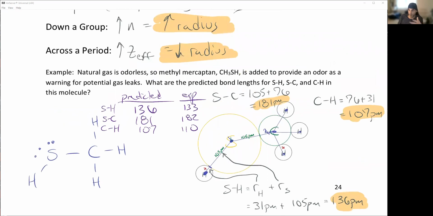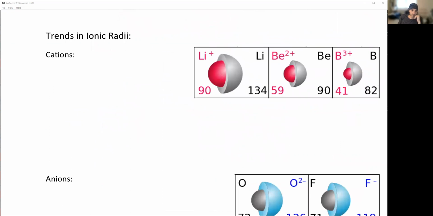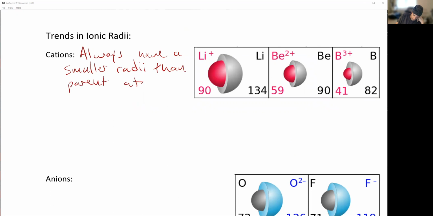Again, radius increases, but we can use these radii to look at structural shapes. So now, trends in cationic radii. When we remove an electron to form a cation, cations will always have a smaller radius than the parent. Why is that?